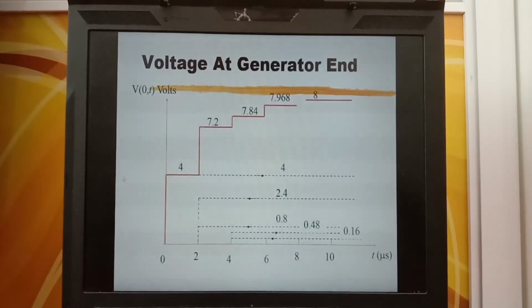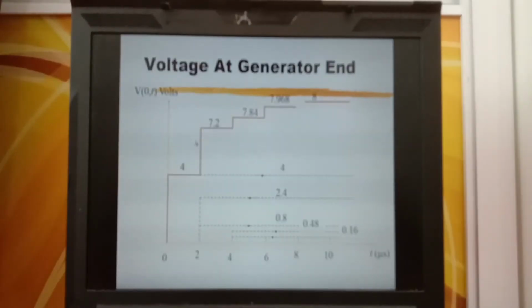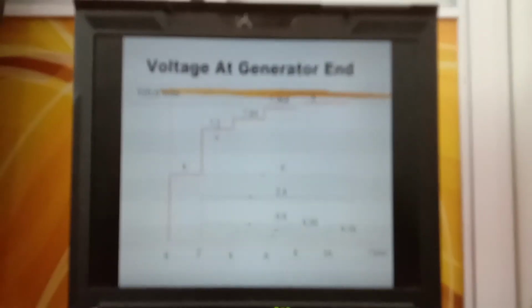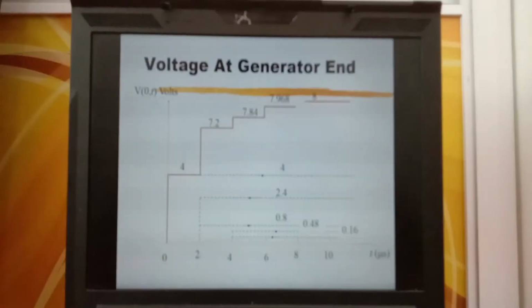If we plot out the voltage, we get 4 volt followed by 7.2 volt at time 2t1, which is 2 microseconds, and then at 4 microseconds we have 7.84 volt. At 6 microseconds we have 7.968 volt. It will be shown later that at time t equals infinity, the voltage becomes stabilized at 8 volt.